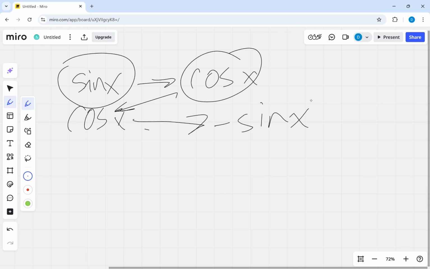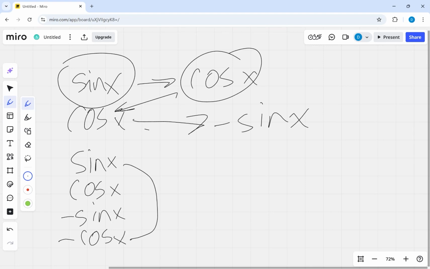So the order in which we have these is a circular order that starts with sine x, goes to cosine x, goes to negative sine x, goes to negative cosine x, and then starts back off again at sine x, right? And that one seems pretty easy, right? That's something that we absolutely understand, right?